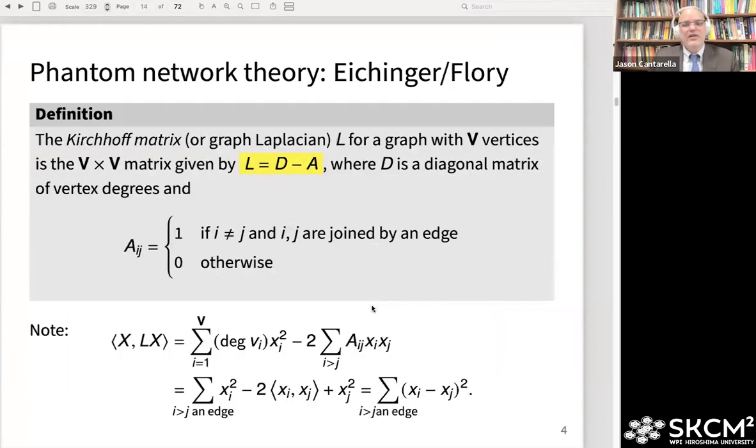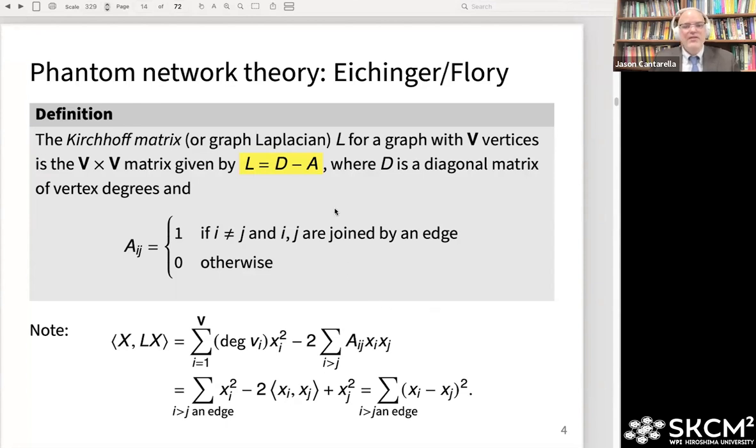So you can rewrite that sum in the following interesting way, and this was done, I think, by Eichinger and also by Flory. You could imagine for yourself that you had a vector x, which gave you the coordinates of all the junction points. And we'll think of these as the vertices of a graph. And we'll think of the connections between junctions, the strands of monomers, as the edges of the graph.